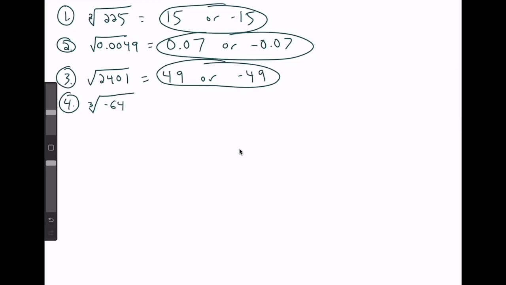So I should only have 1 answer. The cube root of negative 64, I don't expect you to memorize that. You get out your graphing calculator, you click math, you go down to the 4, which is the cube root, and you type in negative 64. Don't forget the negative. And my answer is negative 4.